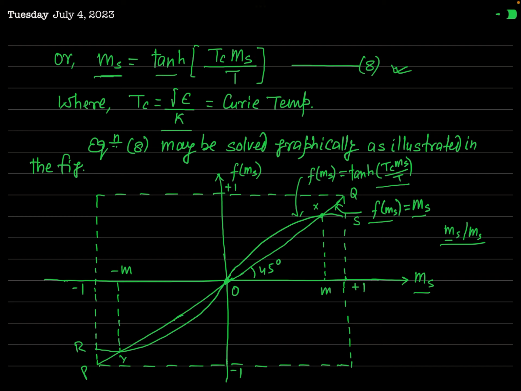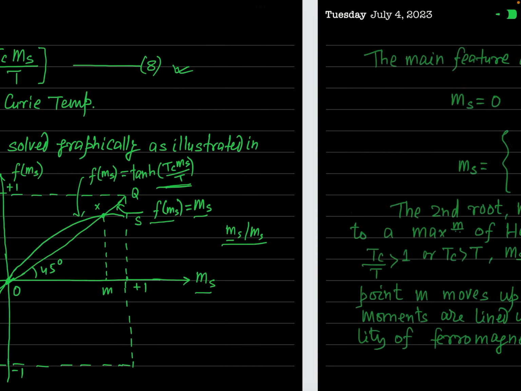From this graphical plot, we obtain the value of ms, and these points of intersection give the values of ms. But that depends on temperature, because the temperature is contained in this function, so the solution will depend on the value of Tc over T.